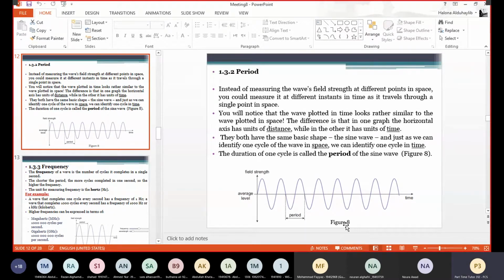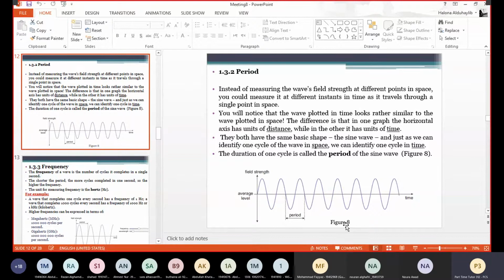They both have the same basic shape, the sine wave, and just as we can identify one cycle of the wave in space, we can identify one cycle in time. So you can measure it in time. The duration of one cycle is called the period.